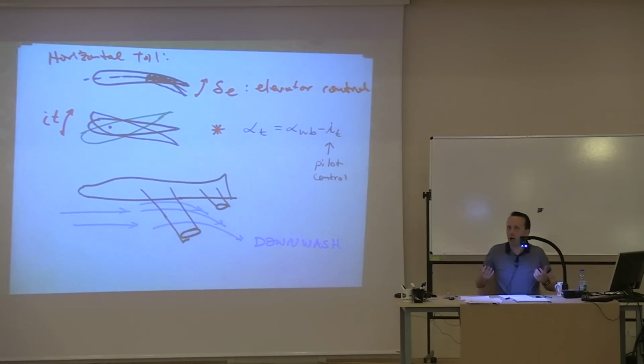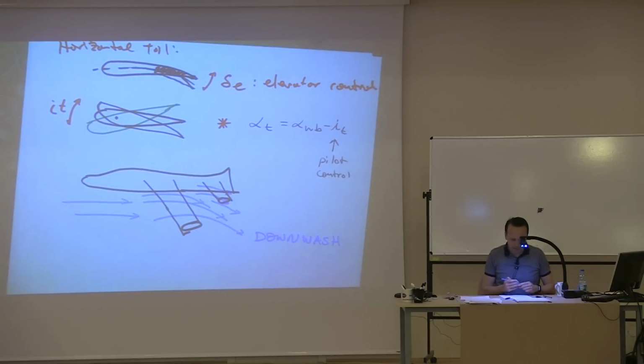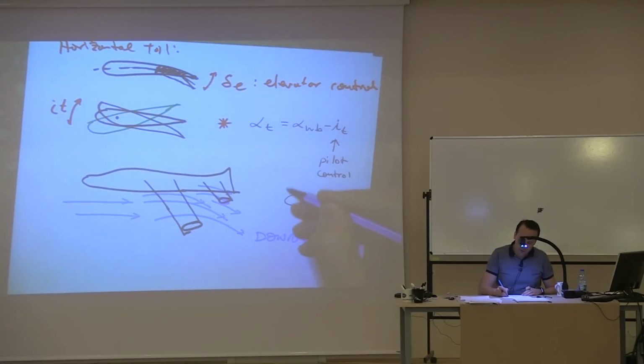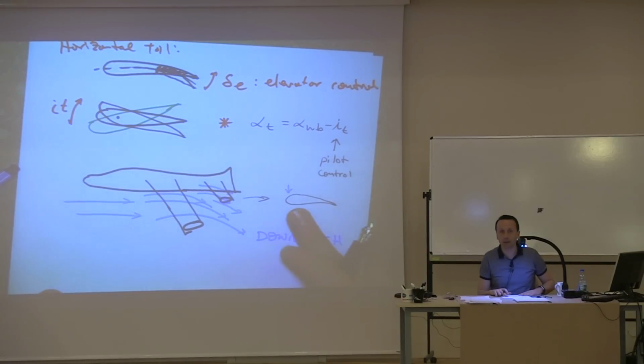So because of this downwash, you're flying, but if the downwash is coming onto the horizontal tail, then you are really changing the angle of attack, because suddenly you have a horizontal tail that looks like that, and the downwash has a component that's coming from the top onto that horizontal tail, so it's kind of blowing from the top, right? So this is what we call a downwash, and this is reducing the angle of attack, you see.